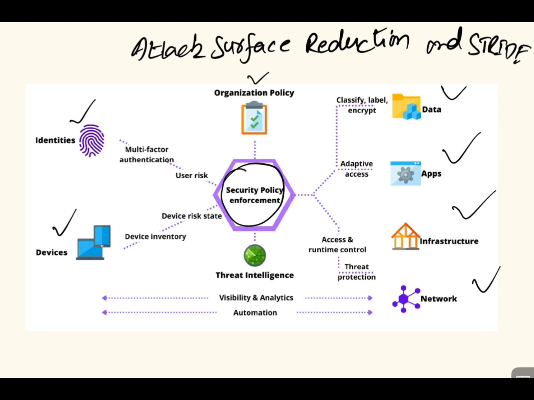If we talk about identities, identity means who is logging in. So we need to have identity access management, right? We need to authenticate, so we need to enforce multi-factor authentication and also assess user risks.